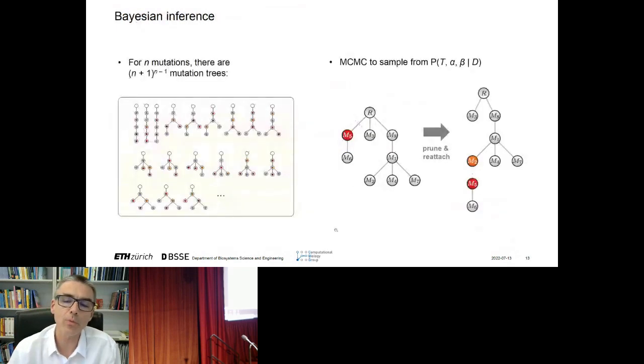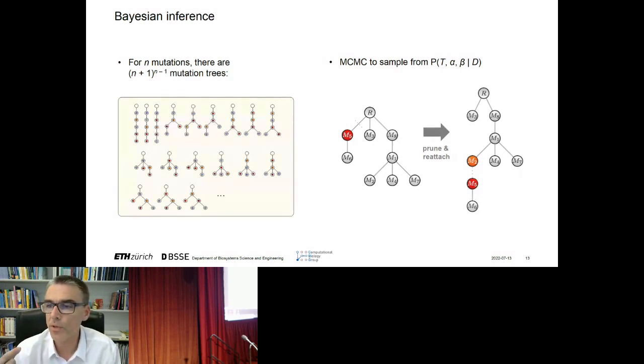So that leaves us with searching the space of mutation trees. So these are labeled trees on n vertices, and there are (n+1)^(n-1) such trees. That's, of course, still a large space, even for a moderate number of mutations. But at least the size of this space is now independent of the number of cells that we're analyzing.